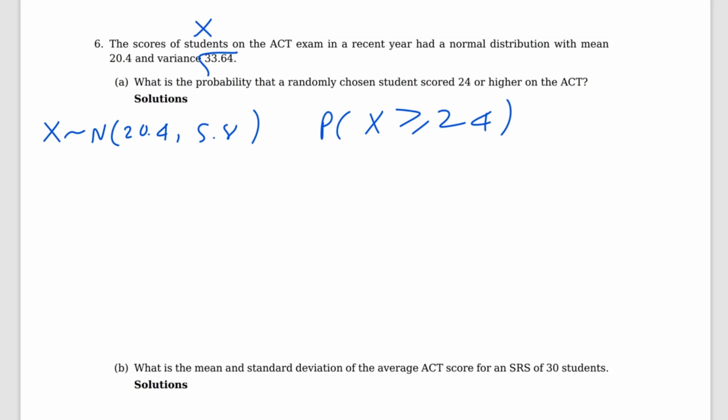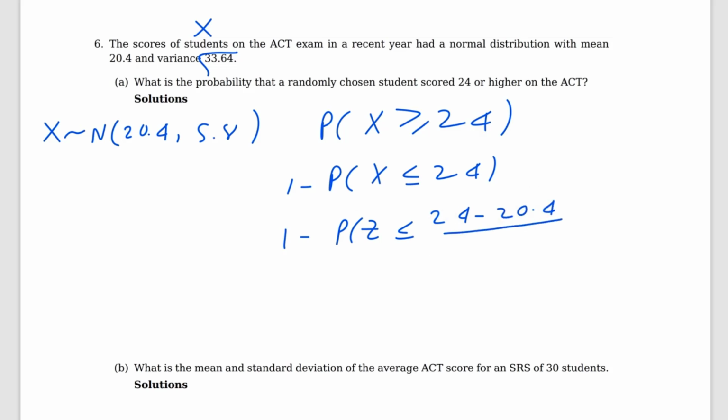Let me finish this one quick. So 1 minus probability X less than or equal to 24. We need to convert this to Z now. Probability Z less than or equal to (24 minus 20.4) divided by 5.8.